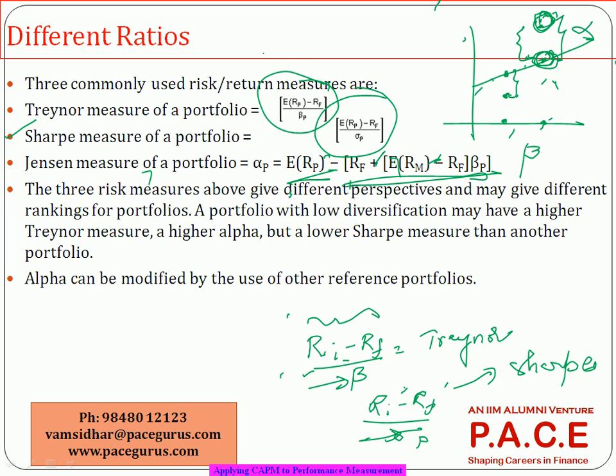But whenever alpha, the actual return minus the expected return, comes out negative, we are talking about selling. The analyst recommendation will come out as sell, which means we are shorting more and more of those securities to maximize the returns. So these are the three measures typically used for measuring the performance of portfolio managers.